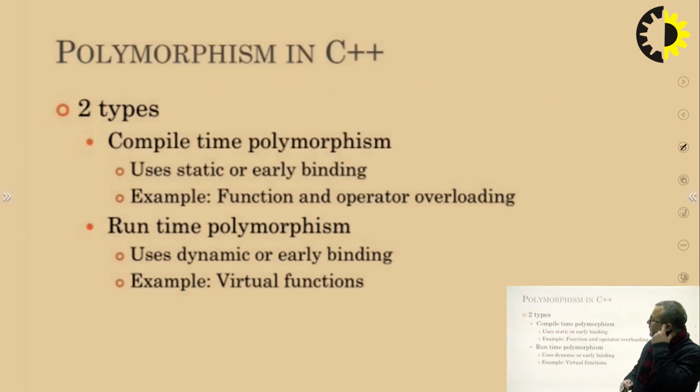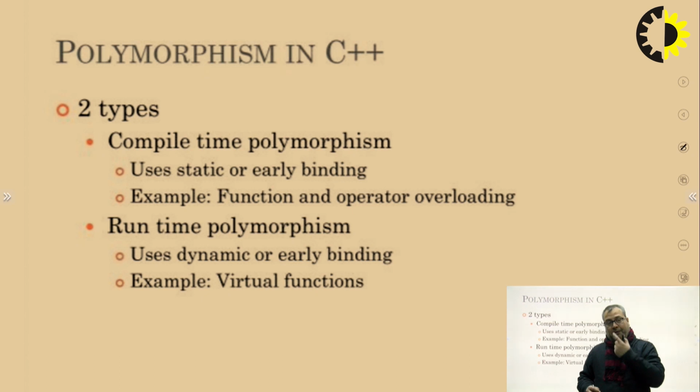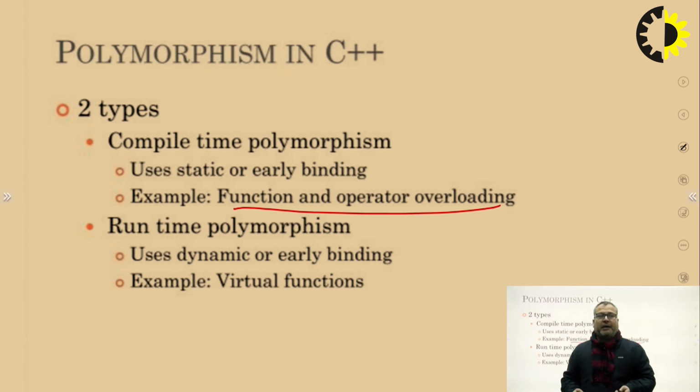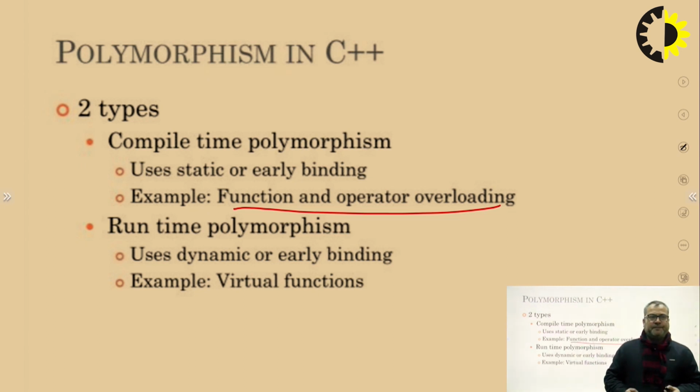Okay, so like it says, there are two types of polymorphism in C++. One is compile time polymorphism. It is called static or early binding, and this could be achieved by using the concept of function and operator overloading, right? And the second category is runtime polymorphism.